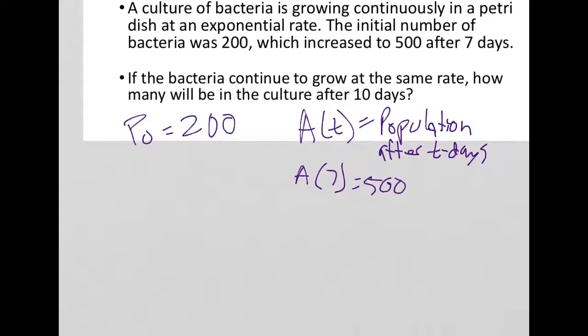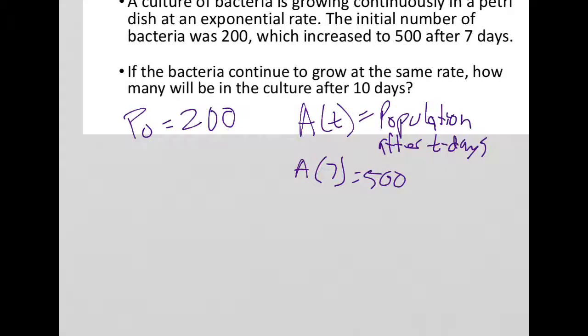And I need to figure out what my rate is, but I can write the equation 500 equals 200 times e to the r times 7, because I'm saying that after 7 days, my population will be 500, given a starting population of 200 and some rate r. We don't know the rate, we need to find it.